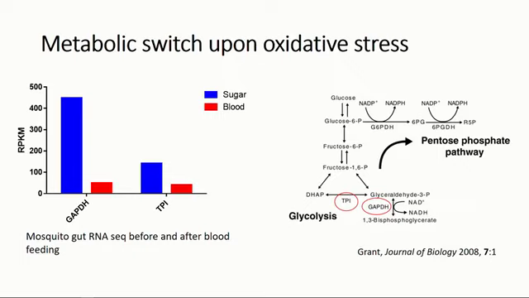However, there's an alternative explanation: just because they fed on blood, they're taking less sugar, therefore glycolysis and the pentose phosphate pathway are not being utilized within the organism. But this is a good starting point for us, in that there are some changes in glycolysis and the pentose phosphate pathway after blood feeding.